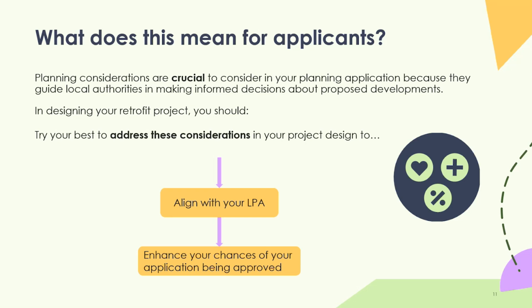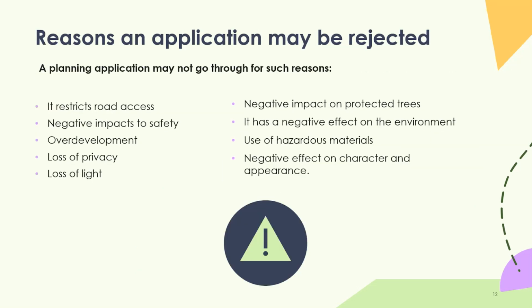So where you can, understand your local planning guidance and enhance your chances of your application being approved by making sure that it's in line with that as much as it can be, and that you address all the requirements needed when you submit your planning application. So, a number of reasons why your planning application may be rejected.